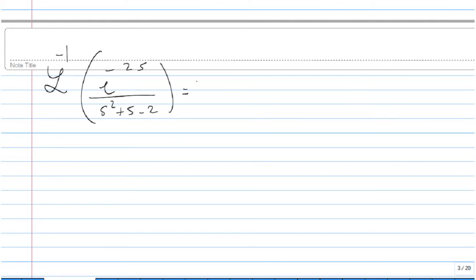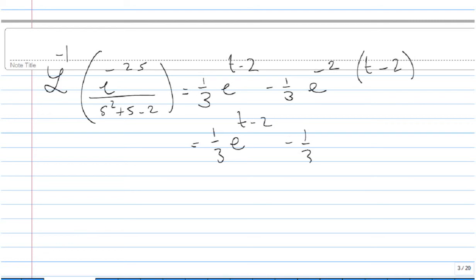So the inverse Laplace of e^(-2s) over s^2 + s - 2 is equal to 1/3 e^(t-2) - 1/3 e^(-2t+4).